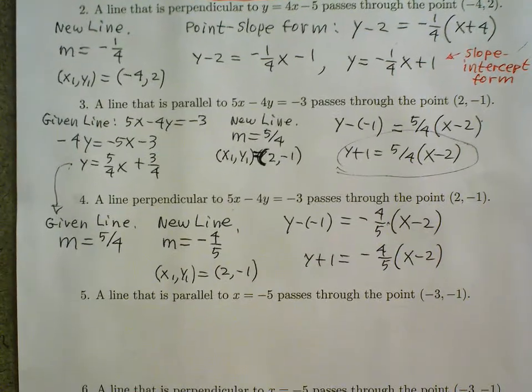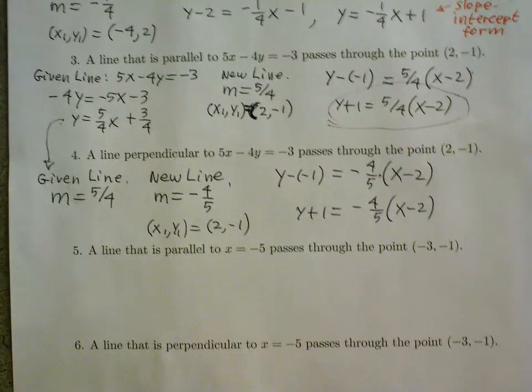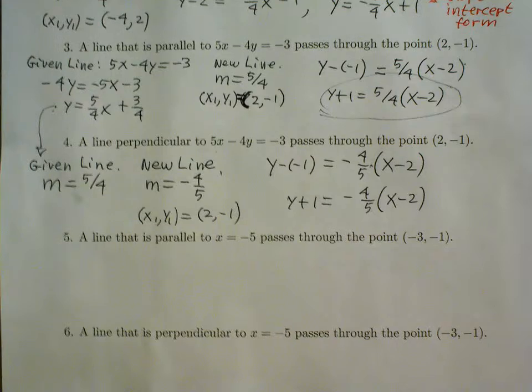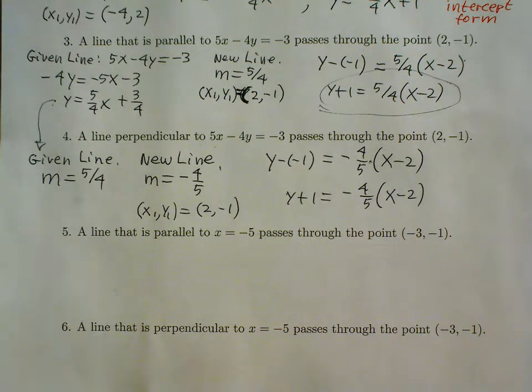Okay, the next one. Find the equation of a line that is parallel to x equals -5 and passes through the point (-3, -1). So if you immediately know what that equation is, you can go ahead and tell me, write in the equation online.